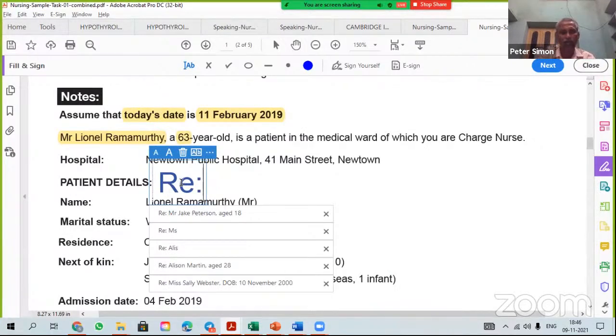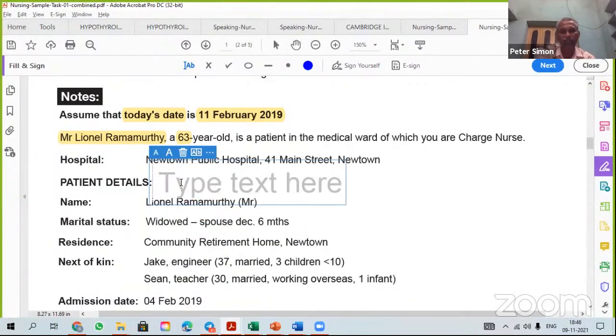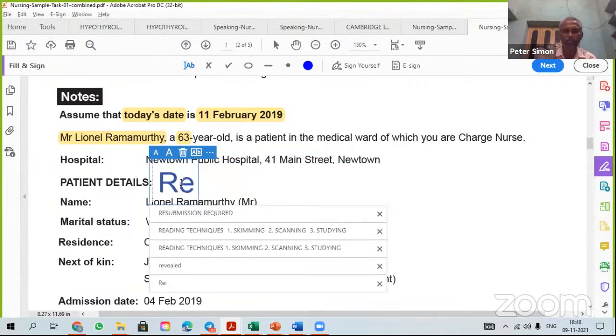Again, R capital, E small, immediately, no space, colon, then space.